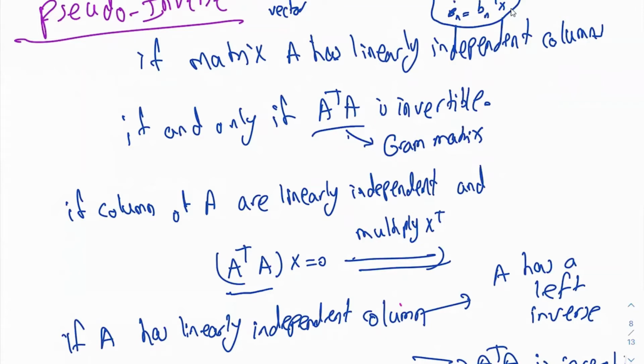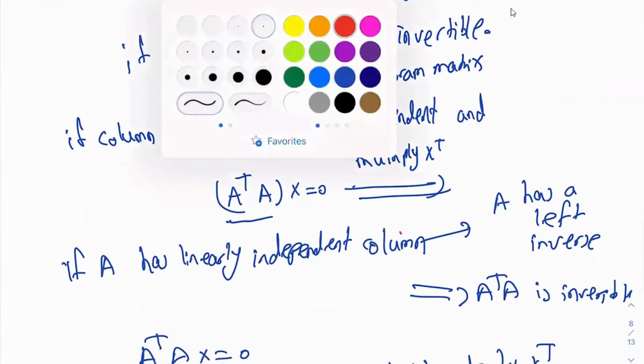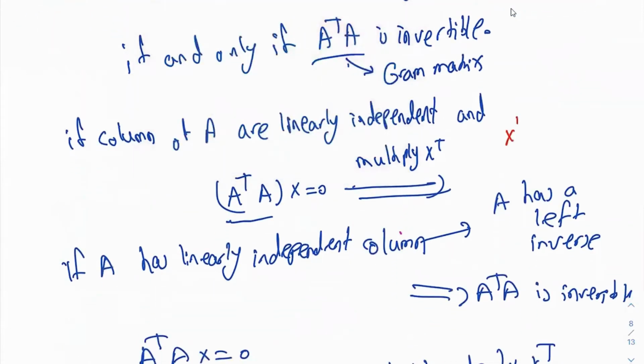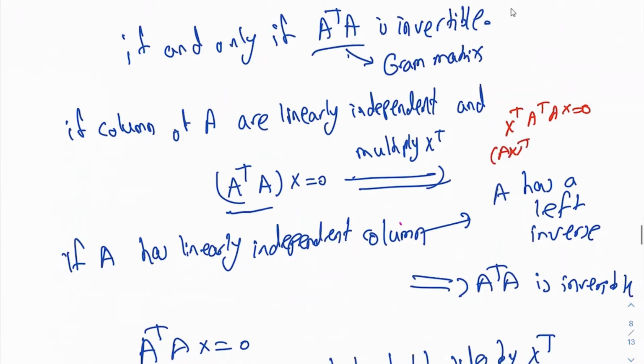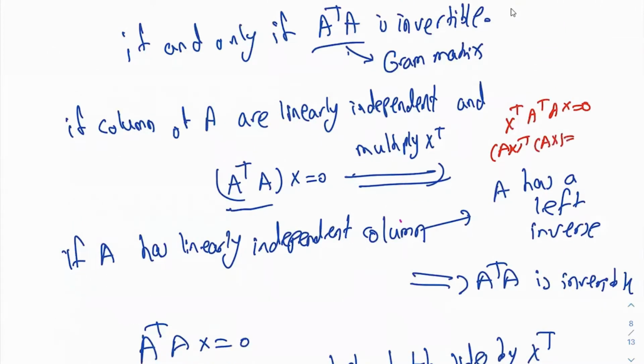So if you do this one, what you get is X transpose A transpose A X equal to 0. Look at this equation for a while. What is this equation? It is nothing but (AX) transpose AX equal to 0. But this is nothing but the norm of AX squared equal to 0.